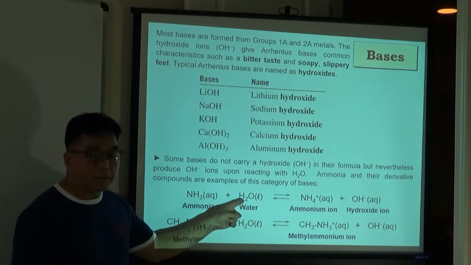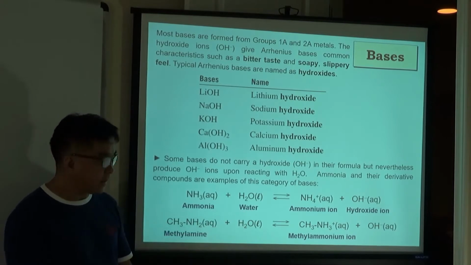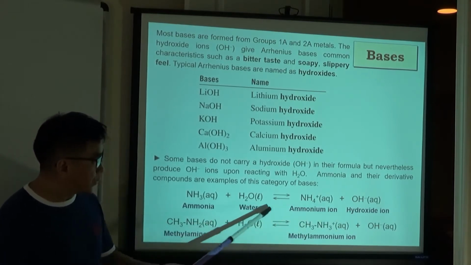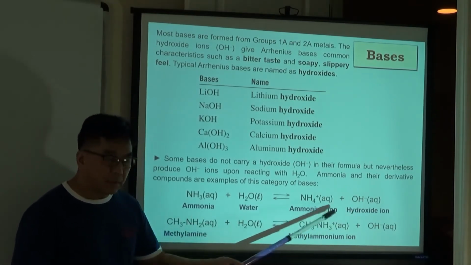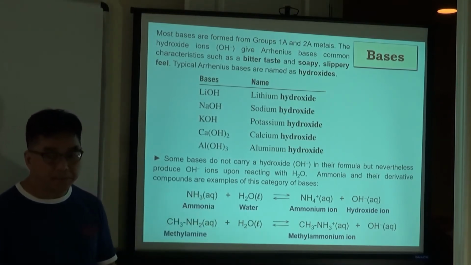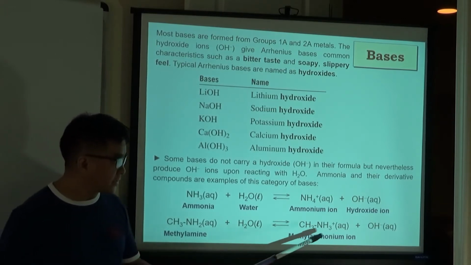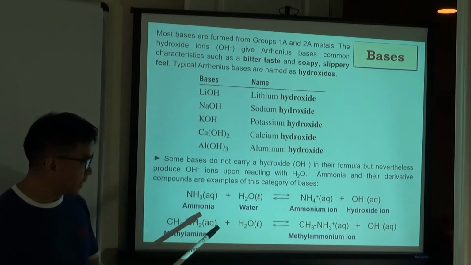And when water loses the hydrogen ion, what's left is the hydroxide. And because this reaction produces hydroxide ions when ammonia dissolves in water, it qualifies as a base because by the Arrhenius definition, a base is a substance that produces hydroxide.